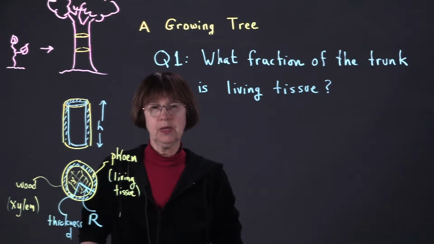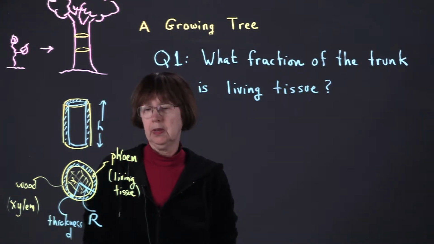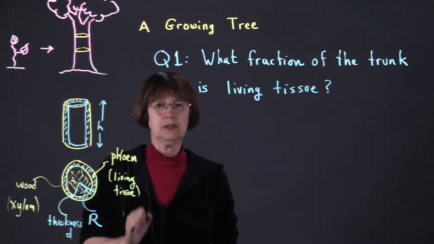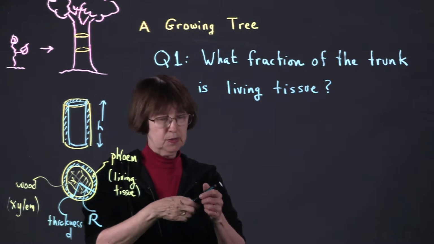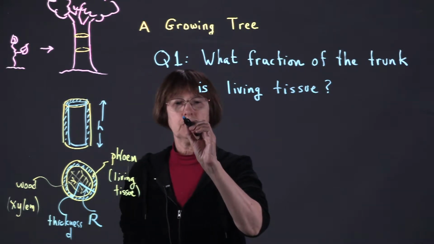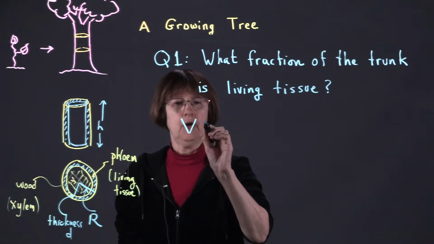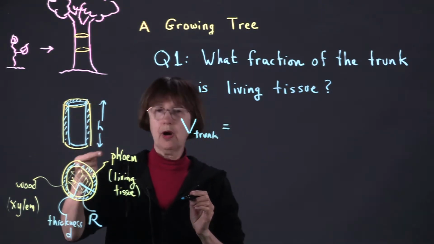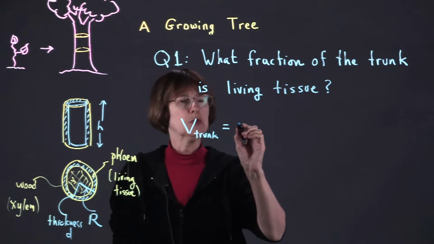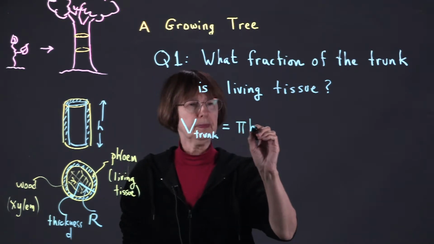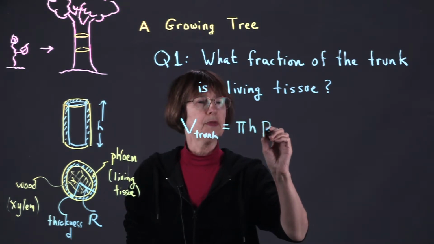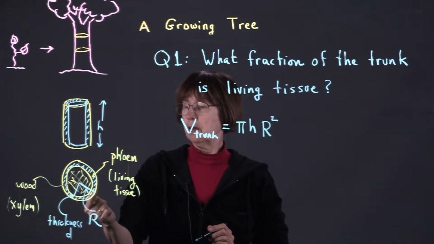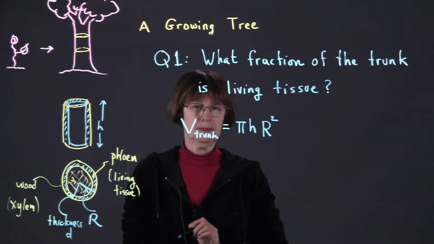The first question we'd like to ask about this problem is, what fraction of the tree trunk consists of living tissue? Now, to answer that question, let us first observe that the volume of the trunk in its entirety, since we've approximated it as a cylinder, is going to be simply pi h times capital R squared, where capital R is the radius of the trunk.